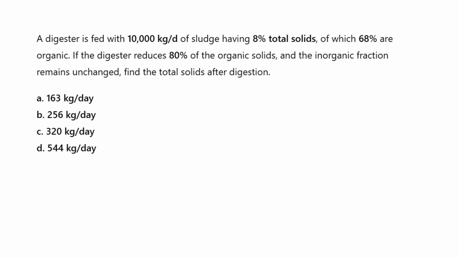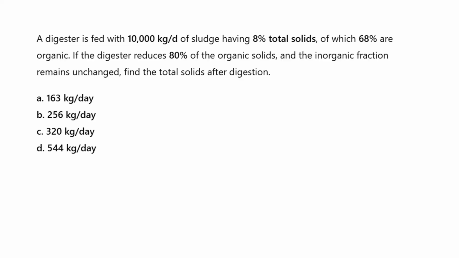In the total solids received, your fixed part will not be destroyed as such, because this is basically a digestion process by microbes. The microbes are going to eat your solids, and microbes can eat only the organic solids. They cannot eat the inorganic solids, so it is going to remain as such.